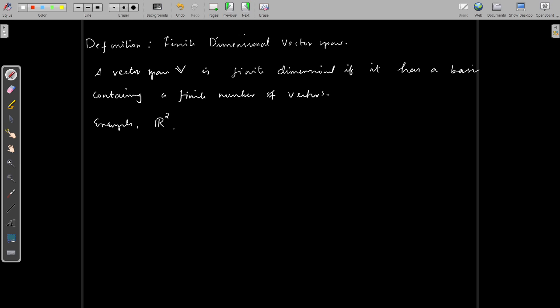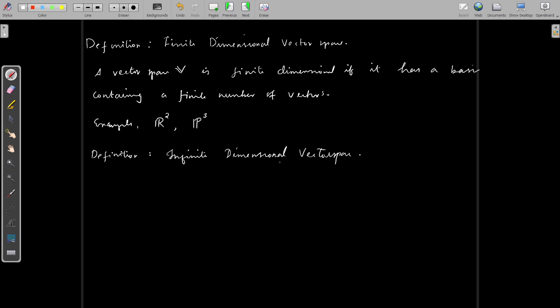Similarly, P3 is a finite dimensional vector space. We have shown that it has a basis consisting of the vectors 1, t, t square, t cube. So P3 is also a finite dimensional vector space because it contains a basis consisting of 4 vectors.